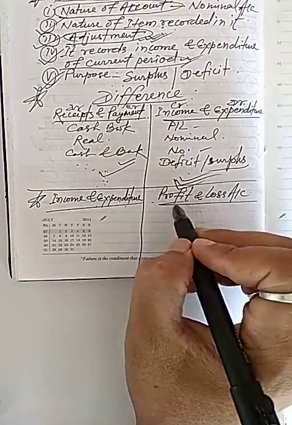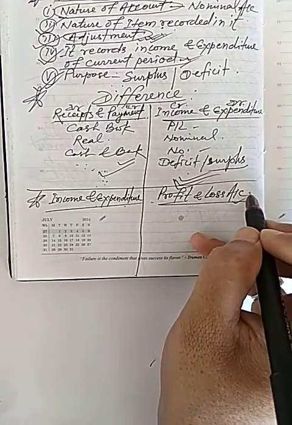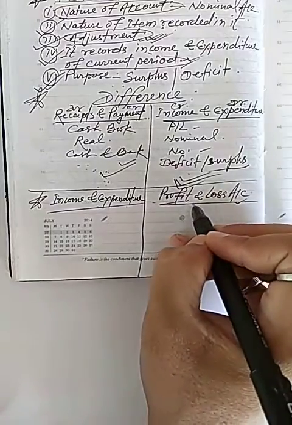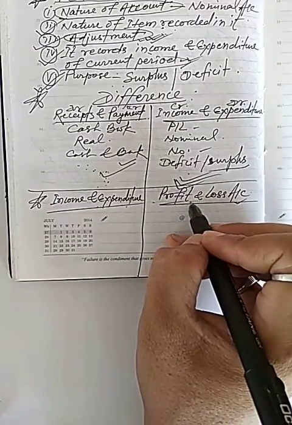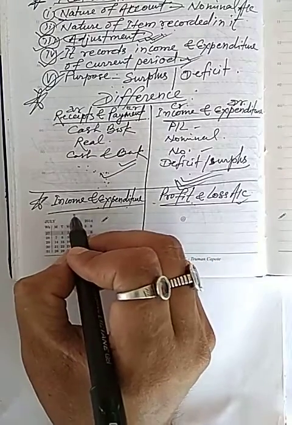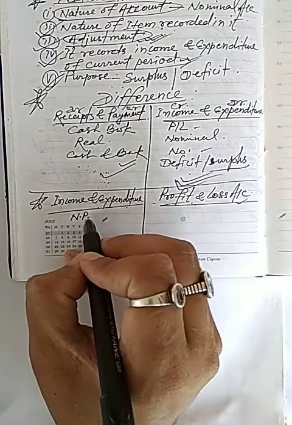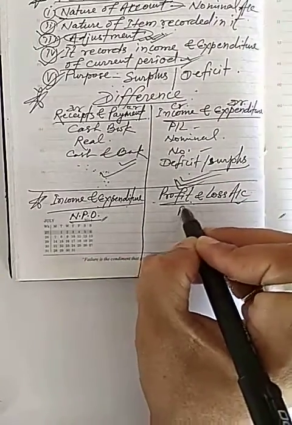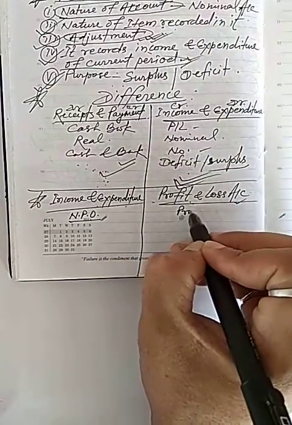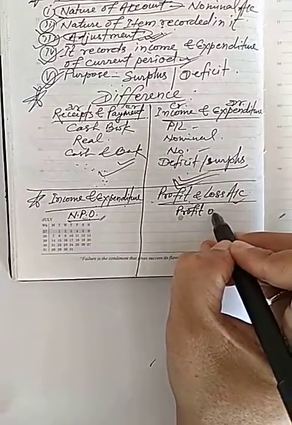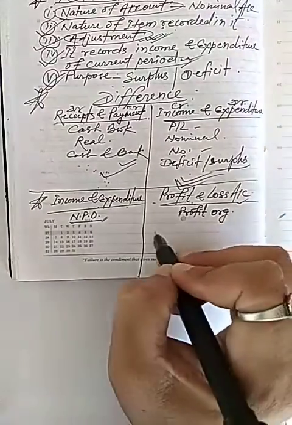But the main objective of profit and loss account is to ascertain net profit or net loss. Income and expenditure account is prepared by not-for-profit organizations, but profit and loss account is prepared by profit organizations.